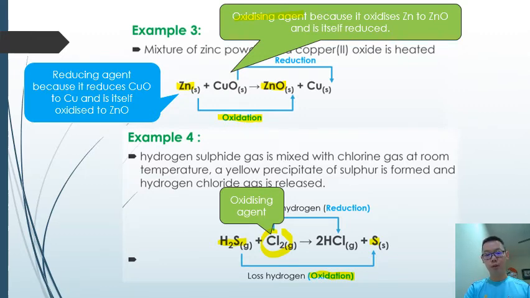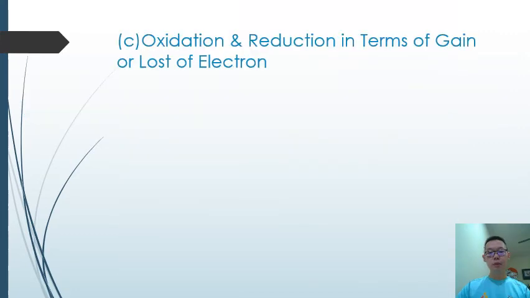So we call chlorine the oxidizing agent. On the other hand, chlorine undergoes reduction because hydrogen sulfide causes chlorine to undergo reduction. So hydrogen sulfide acts as a reducing agent.